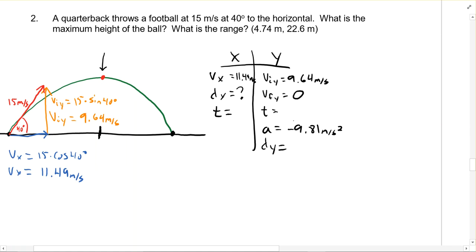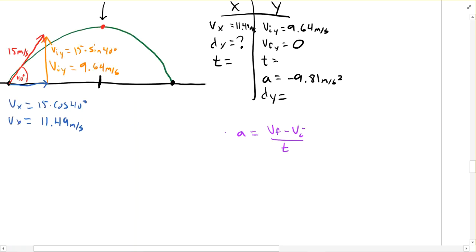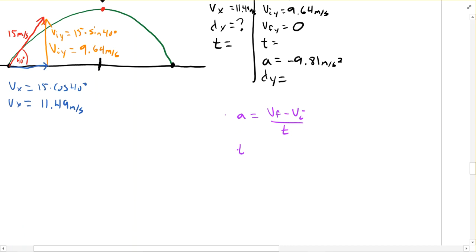Now I'm looking for time. I'm going to use the equation that doesn't even have dy in it, which is going to be this one. Acceleration is equal to Vf minus Vi over t. So rearrange that. That becomes t is equal to Vf minus Vi over a.